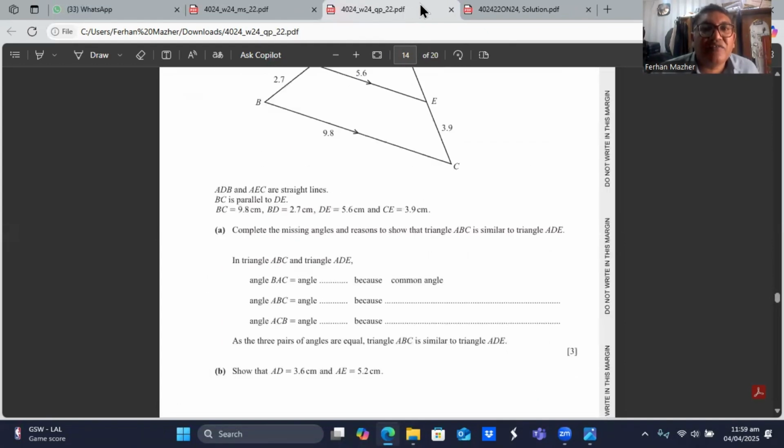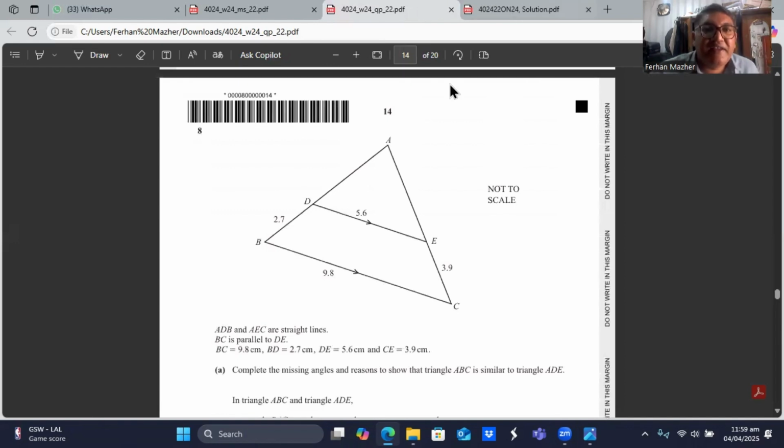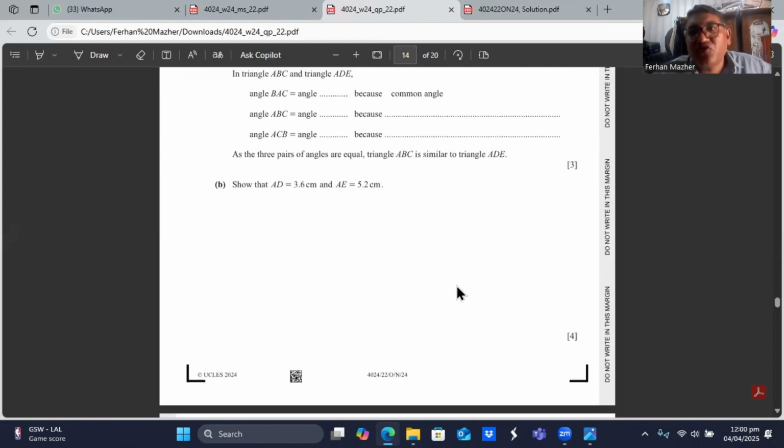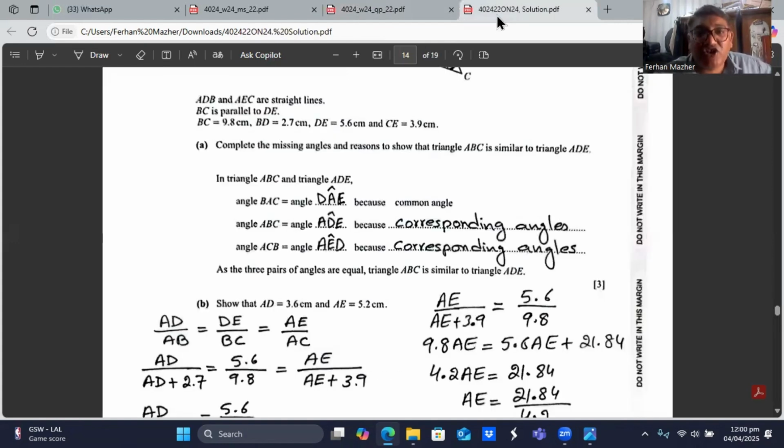So we have to find out the value of the AD and AE. Very simple. AD by the AB is equal to the AE divided by the AC is equal to the DE divided by the BC, because the small triangle and the big triangle are similar to each other.